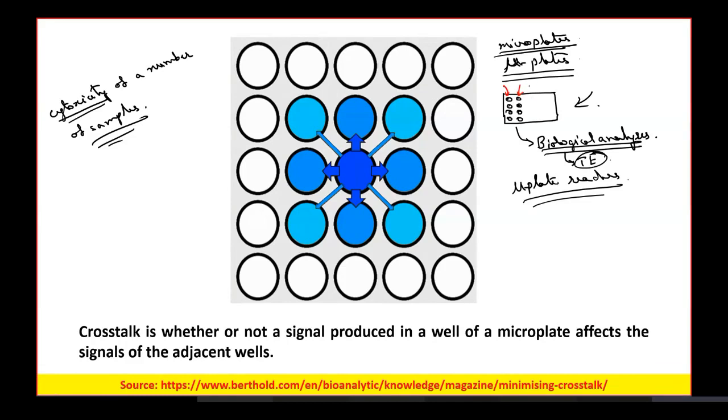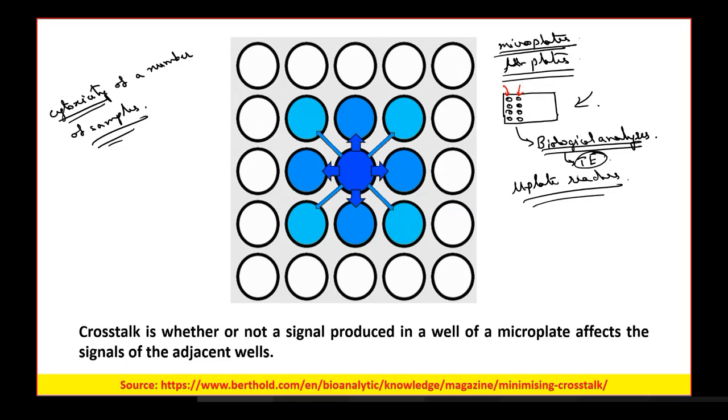You can seed your cells, and then you put in some reagents which will interact with your biological cells and give you some coloration. And whatever color is generated is read by the microplate reader.